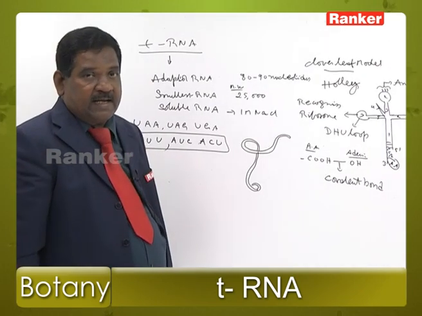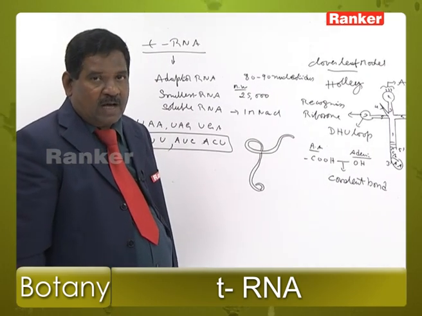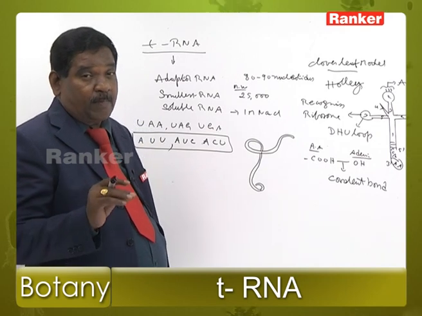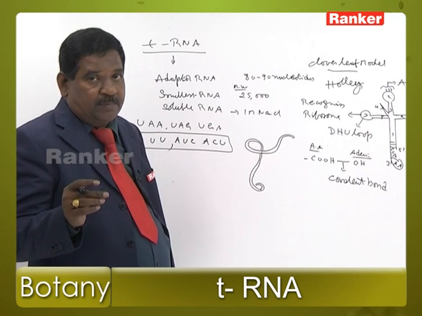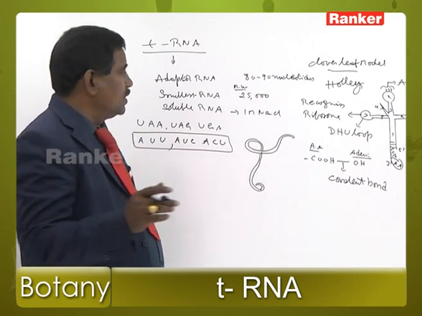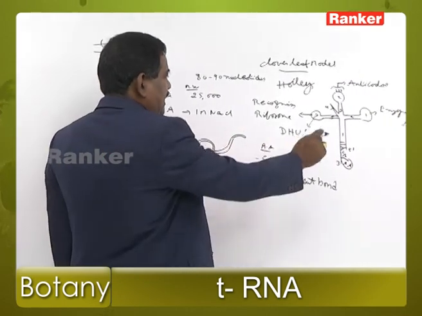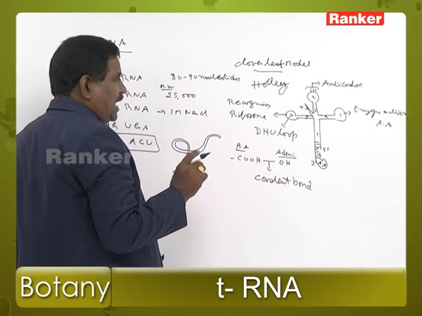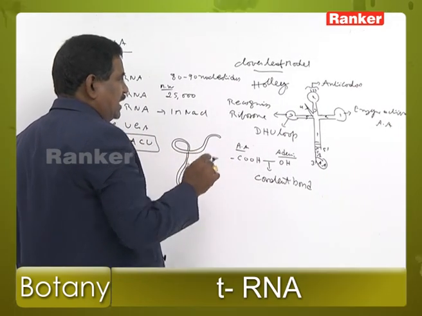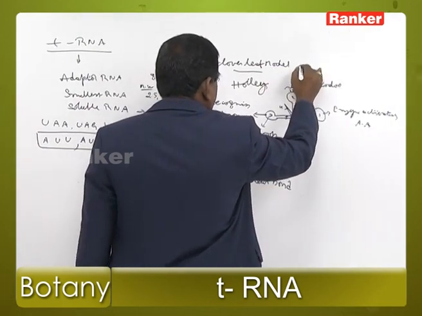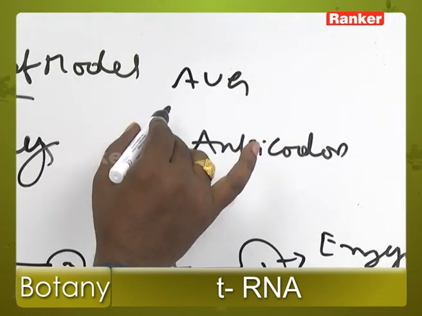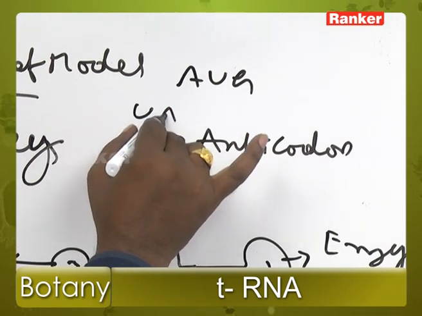The t-RNA that carries the first amino acid is the initiator t-RNA. The initiating codon AUG recognizes methionine. So the t-RNA which carries the first amino acid, the initiator t-RNA, carries the anticodon: AUG is the codon, so the anticodon is UAC.